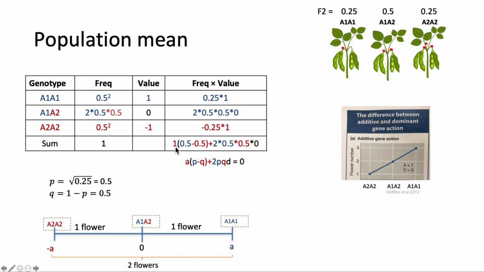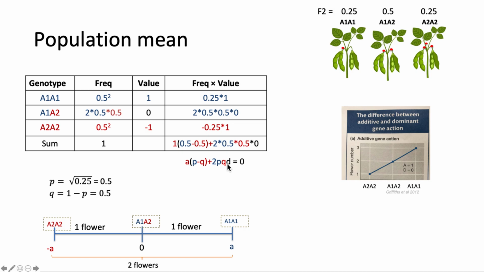So we have that one here is the additive effect, which is the difference between the midpoint and each of the homozygous lines, that is one flower. And then we have the frequencies of the population times the heterozygous lines and the dominance deviation.